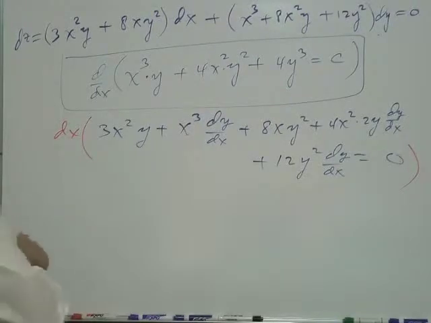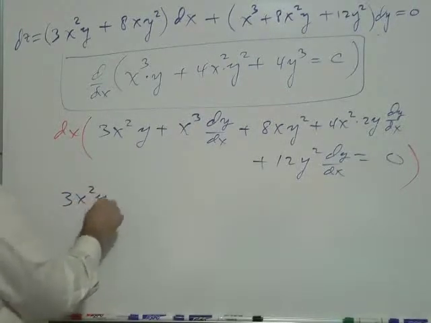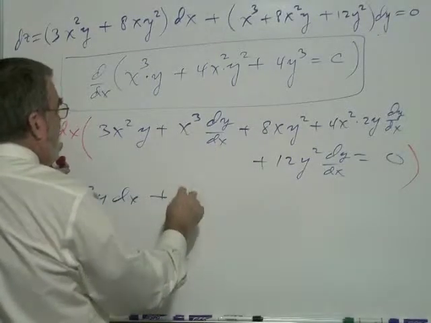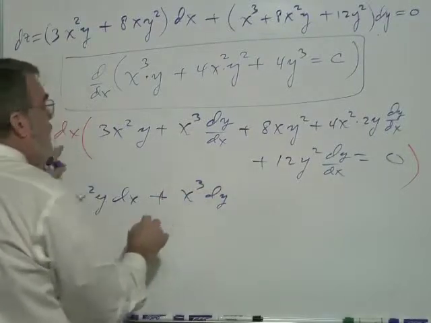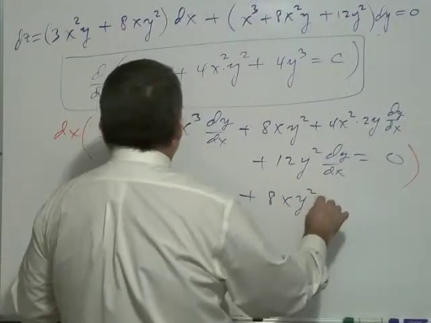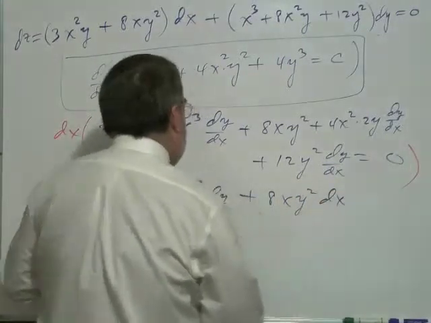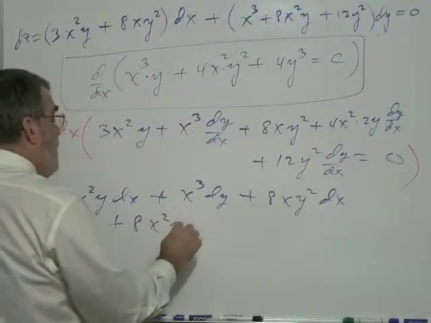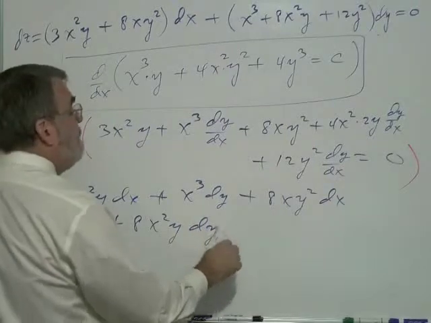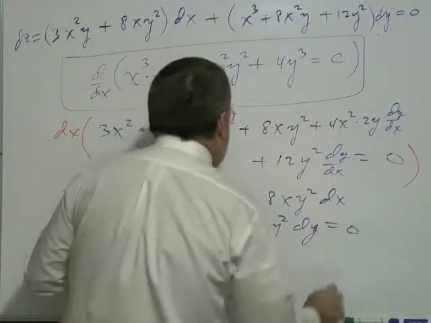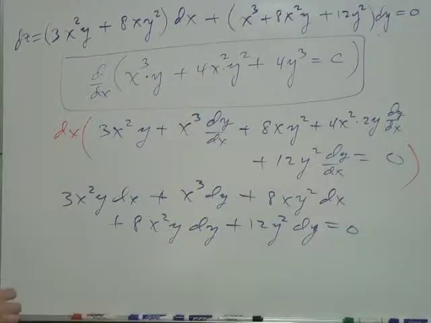And when I do so, I have 3x squared y dx plus, here the dx is canceled, x cubed dy plus 8xy squared dx plus 8x squared y dy plus 12y squared dy equals 0.